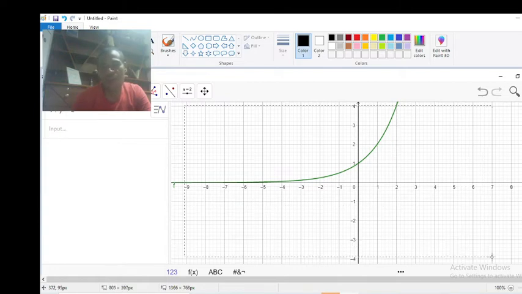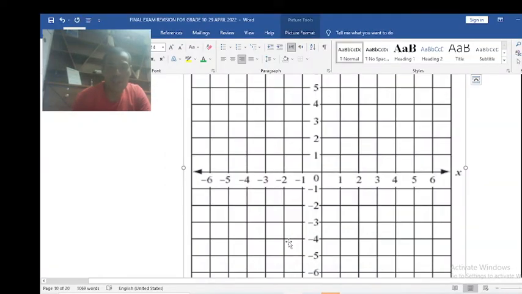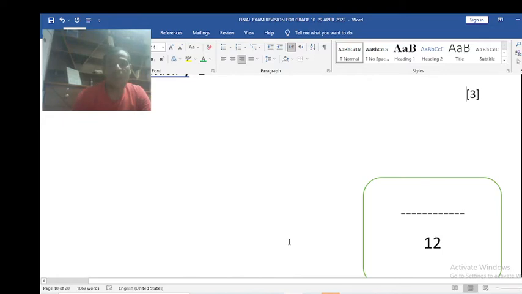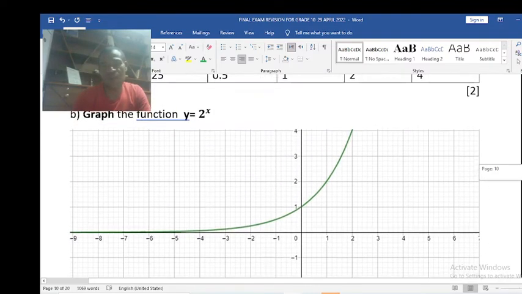This is the curve of your function. Copy, and I'm going to paste here. I'll erase this one, then I will make it like that. Then now, this is the curve, learners, of your function.